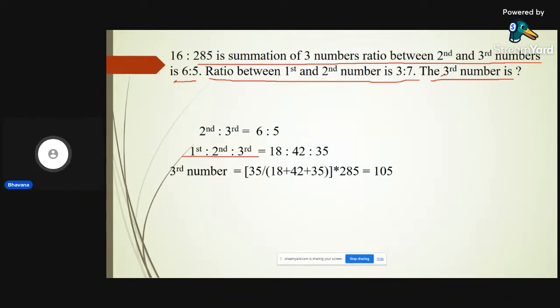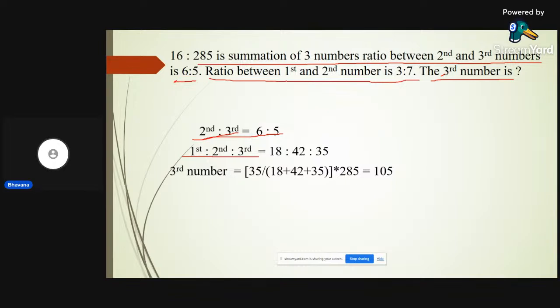First, the summation of all three numbers is 285. The ratio between the second and the third is 6 is to 5.